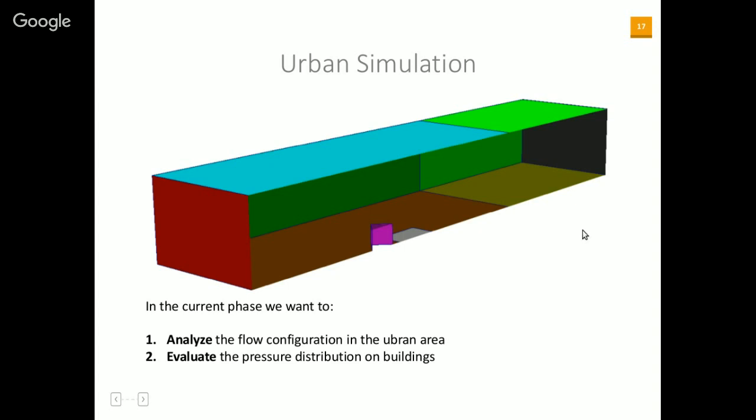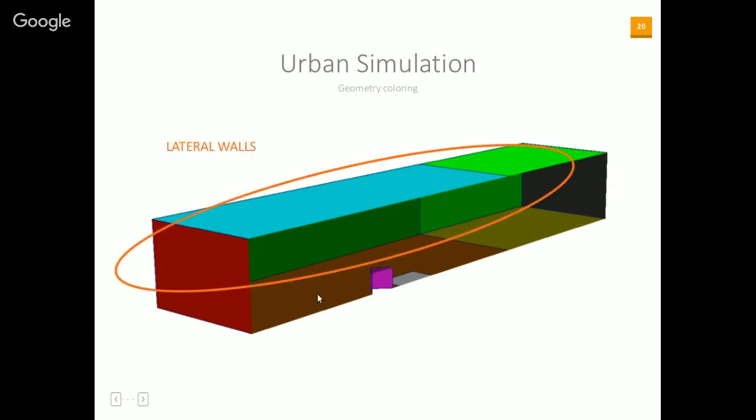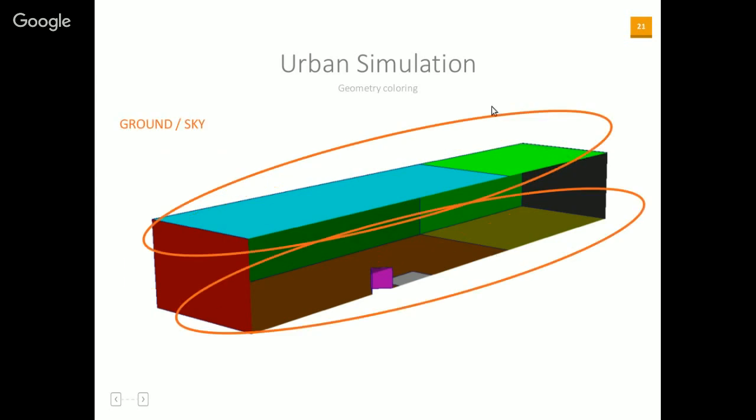Now, let's start recognizing each part of the geometry. The red one is the inlet where air enters. We are going to apply a uniform wind profile on this one of 2 meters per second. The outlet where the air flows out is here on the gray part, and also on the lateral walls and on the ceiling.